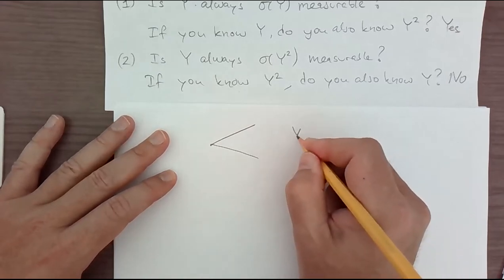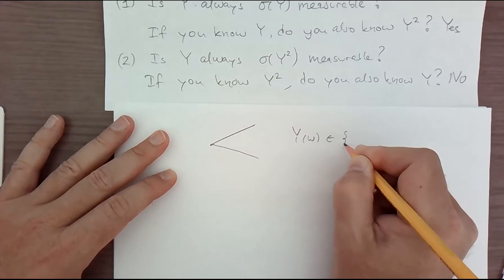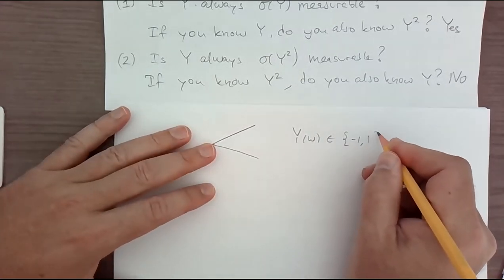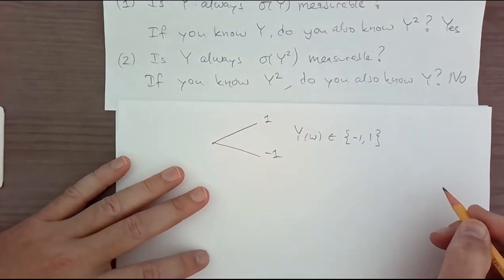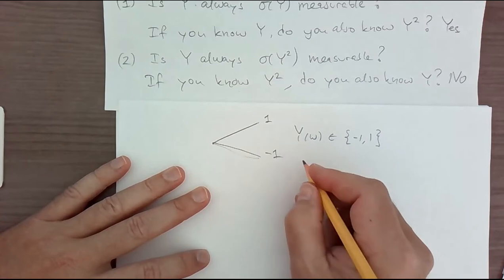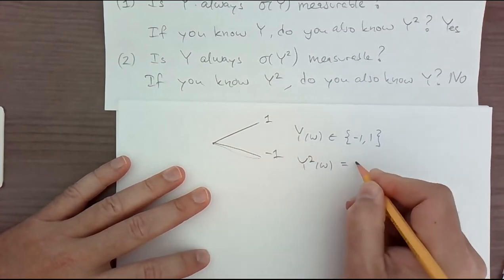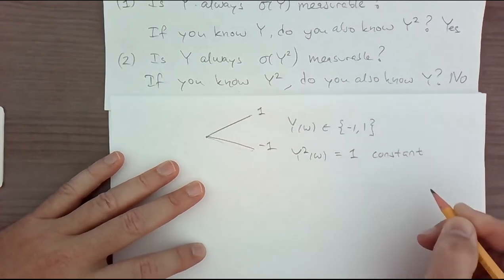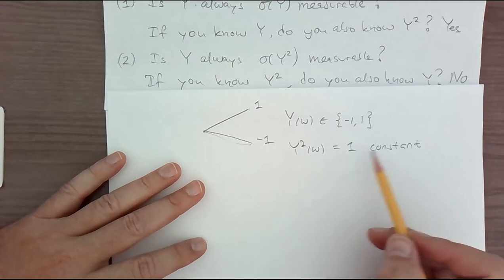If you take y of omega to be something that takes values -1 and 1, right? So you have a 1 here, a -1 here. It can either be heads or tails. So in that case, y squared, no matter what you have, is always equal to 1. This is a constant. So there's no information here, right?